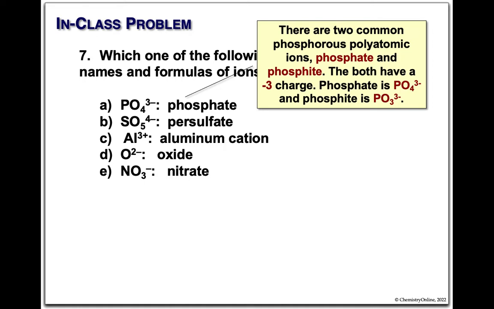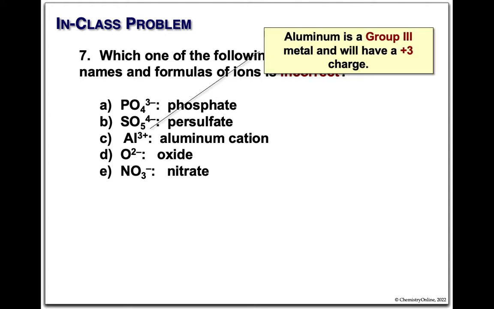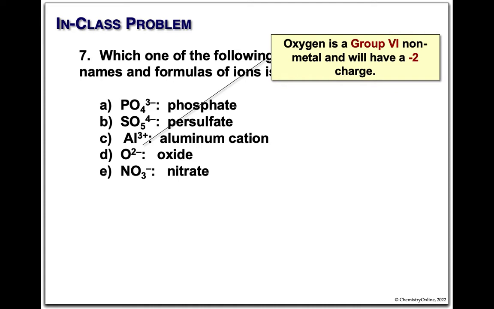Let's skip B. That's a giveaway. Aluminum. We find aluminum on our periodic table. It's right here in group 3. That means it'll be a +3 cation. Aluminum, +3, aluminum cation. Yep, that's good. Oxide. Again, we look at oxygen on our periodic table.